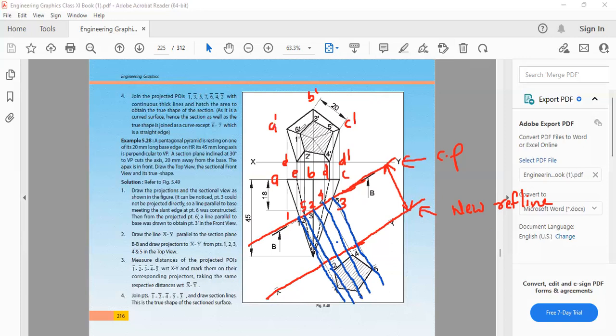Here this is 1 dash, 2 dash, 3 dash, and this one is 4 dash, and this is 5 dash.